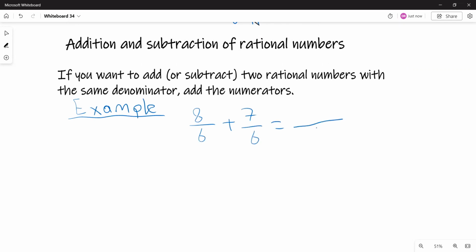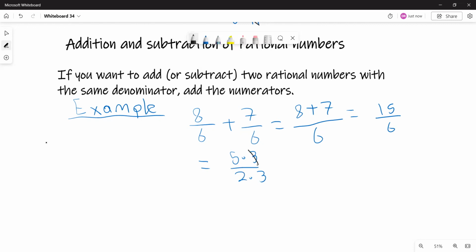Same denominator, so we just need to add the numerators. 8 plus 7 is 15. 15 and 6 are both divisible by 3. So that's 5 times 3 and 2 times 3. And the result is going to be 5 halves.